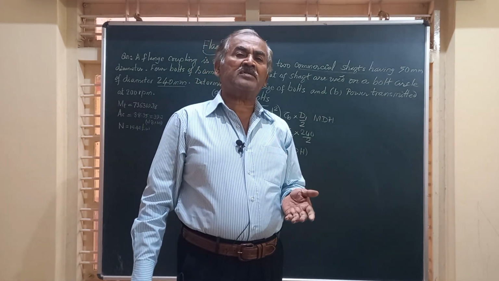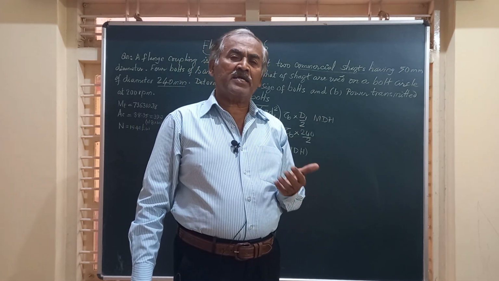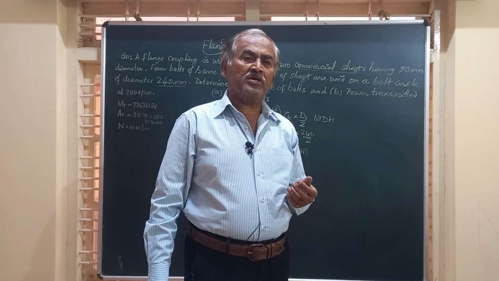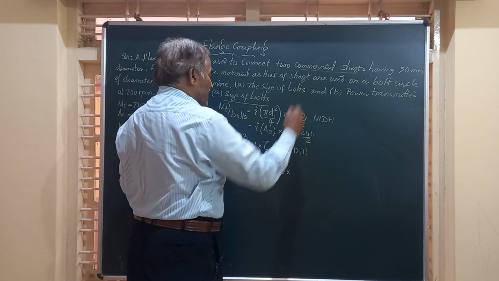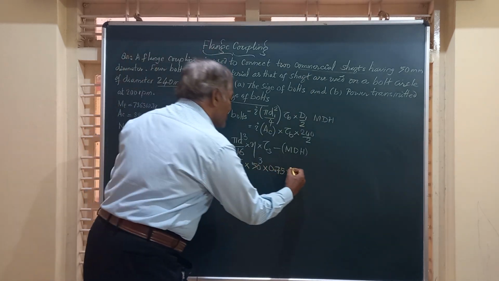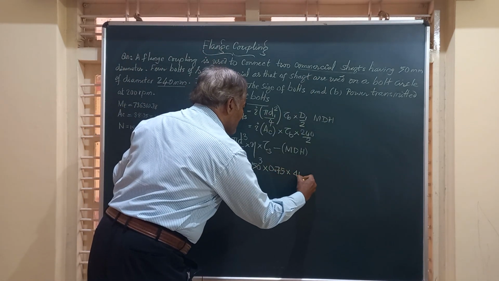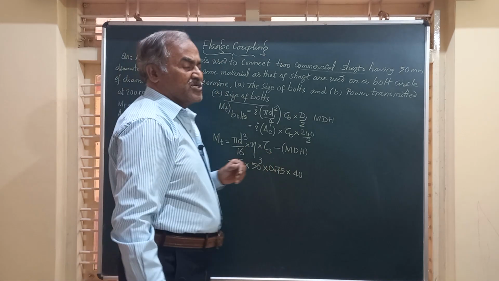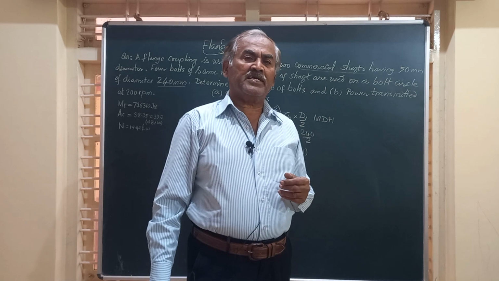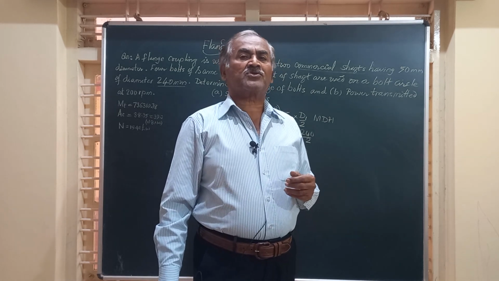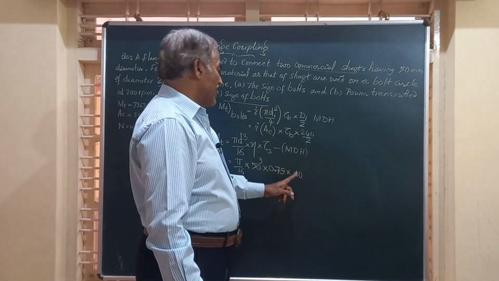So there is an ASME code, and as per the ASME code, the value of this tau for the shaft is 40 Newton per mm square. This is as per the American Society of Mechanical Engineers code, the ASME code. You should remember this value.